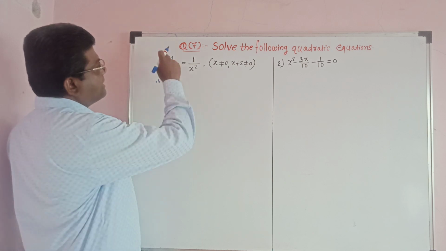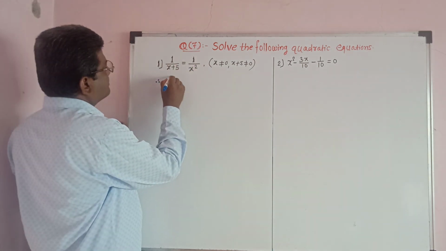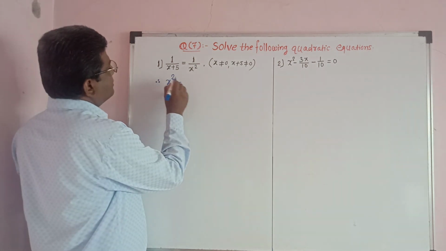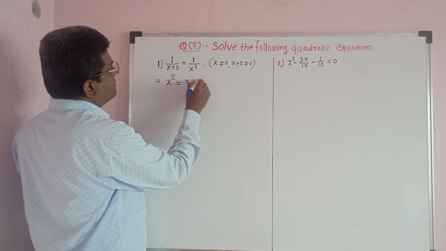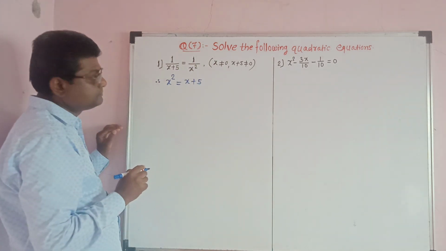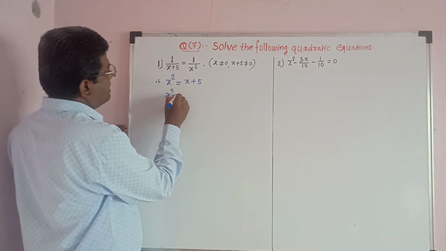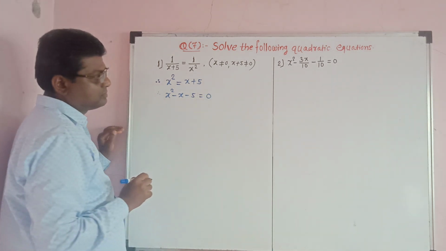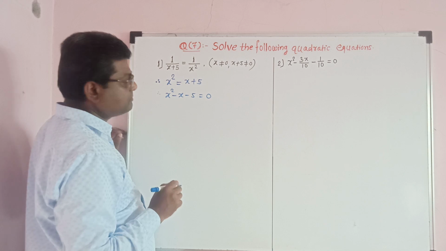Now cross multiply this equation. x square into 1, x square is equal to x plus 5 into 1. That will be x plus 5. Therefore, x square minus x minus 5 is equal to 0. This is quadratic equation in its standard form.